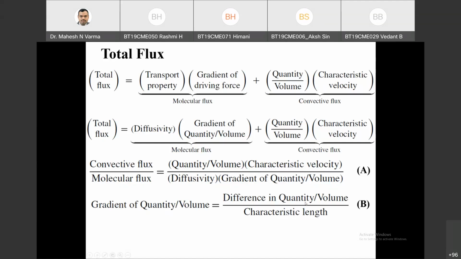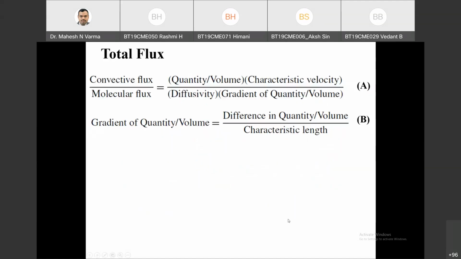This is how I am analyzing the dimensions of the gradient of quantity per unit volume. Everybody got this? This is very important because I am discussing a dimensionless number.